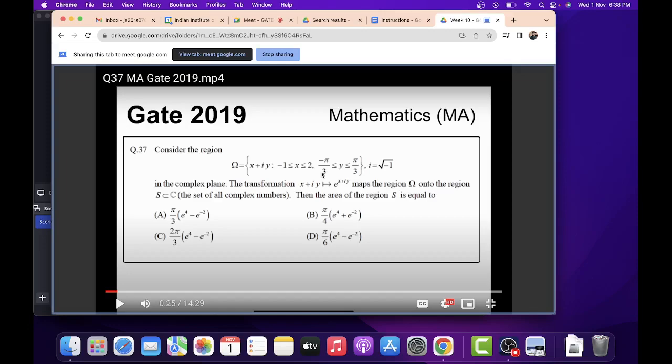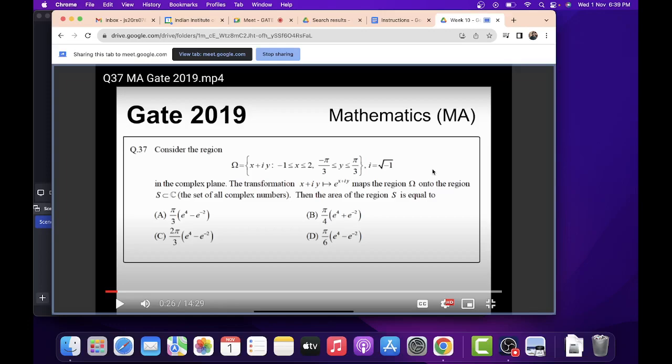Under a conformal map the angle will be preserved, but the area may not be. What is the area of omega? It is 3 times 2 pi by 3, basically 2 pi.